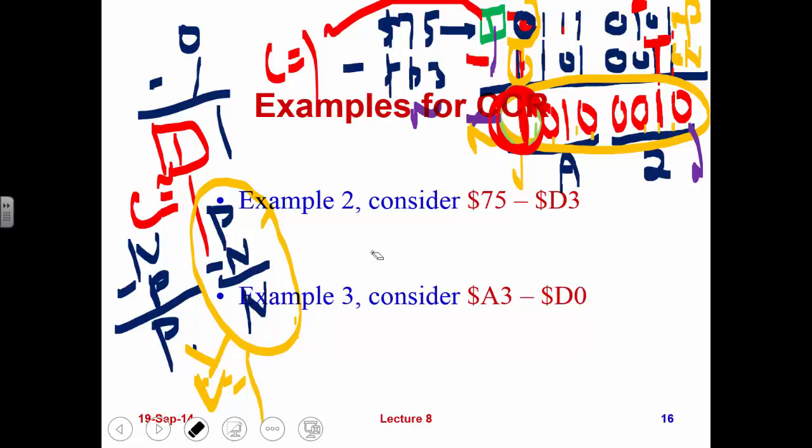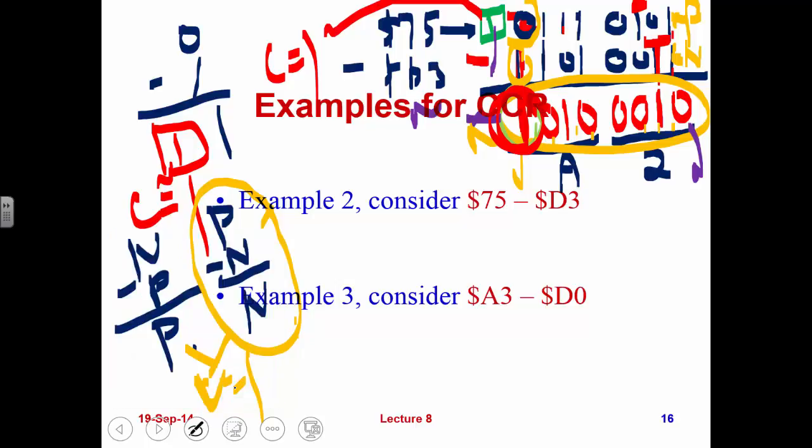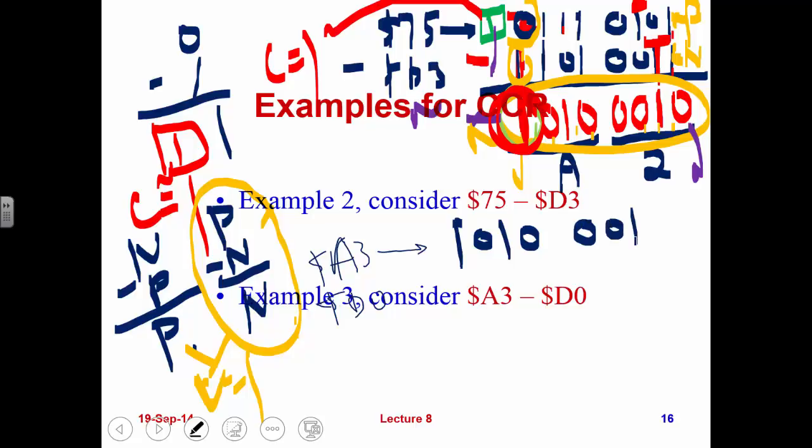So let's convert each of them to binary first. We have A3 minus D0. A is 1, 0, 1, 0. 3 is 0, 0, 1, 1.